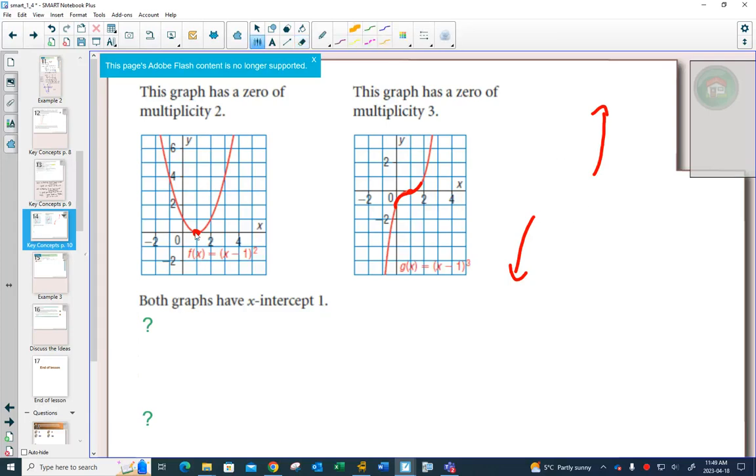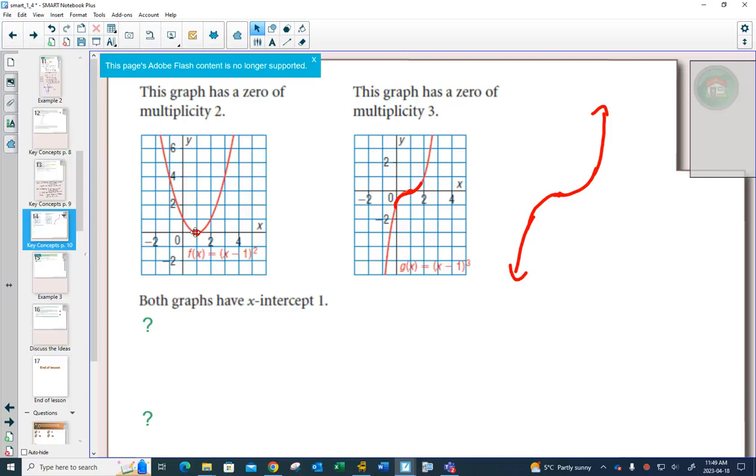So sometimes what teachers say is they draw that x-intercept, draw a tiny little flat line, and then draw it so it's connecting to that flat line. Because in that moment, it actually flattens out perfectly, but just for a moment. So the bend is quite significant. The higher the exponent, the flatter the bend or the flatter the bounce.